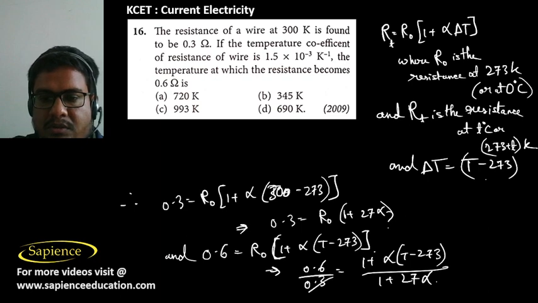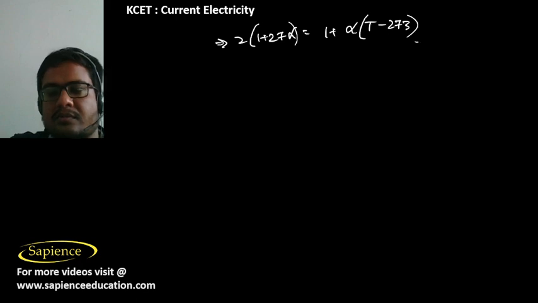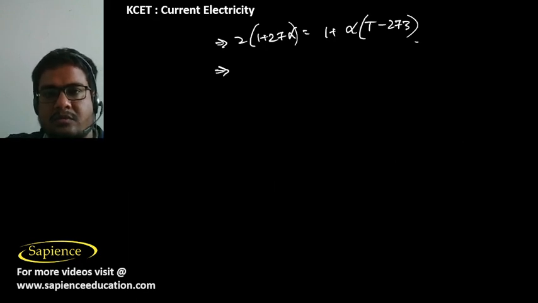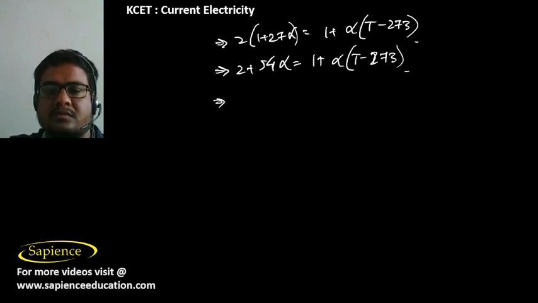Now this is 2. Therefore, if we solve it, then we'll get 2 into 1 plus 27 alpha equal to 1 plus alpha into T minus 273. So this will be 2 plus 54 alpha equal to 1 plus alpha into T minus 273. So this will be 2 minus 1, which is 1.